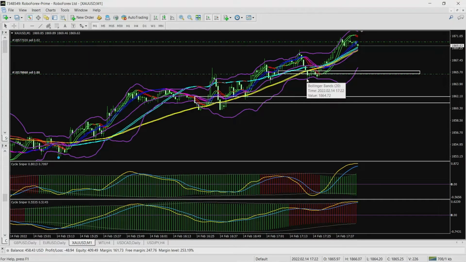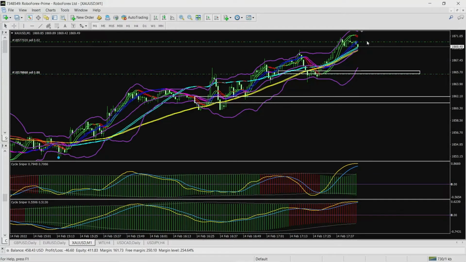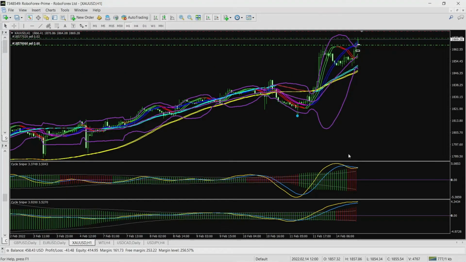Couldn't break in 1 minute chart, but the reversal signal is coming, so I sold small here. We will see. Good part of the story on 1 hour chart.